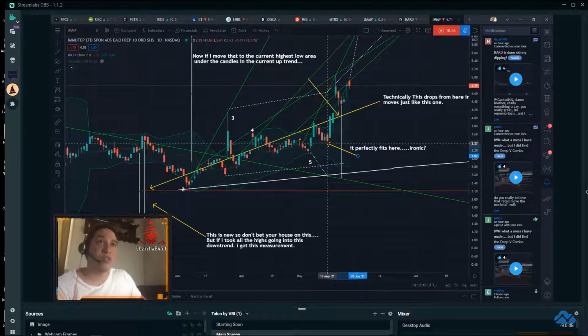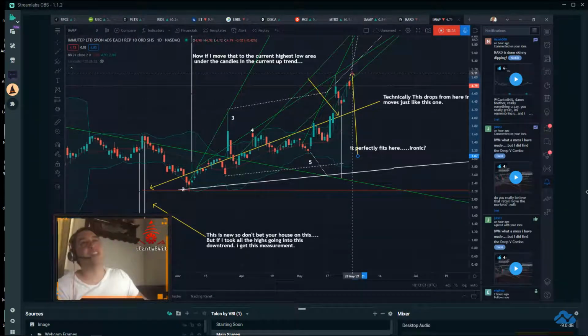So here's your handle, bounces up, comes back down, finds support on the top of this cup and handle right here that it made, bounces up, comes back down, finds support on this cup and handle. There's a gap there, but this would be in this area right here, and then bounces up again. So that's the third one.